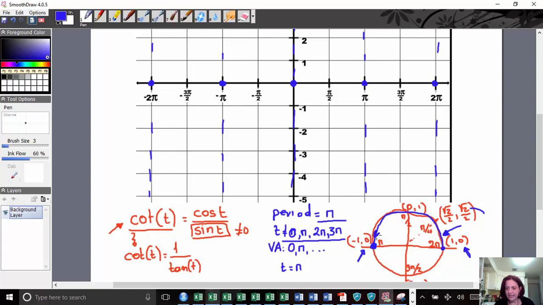The angles exactly before t becomes pi give us cosine that is negative and sine that is positive. So the cotangent is going to be negative for points that are before pi, but then the cosine still is negative, but the sine also becomes negative.